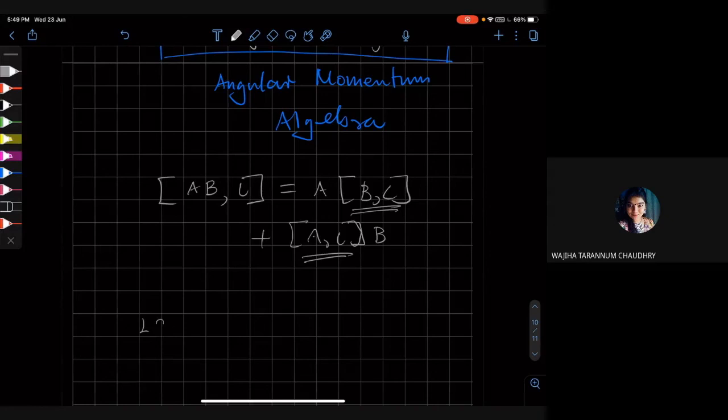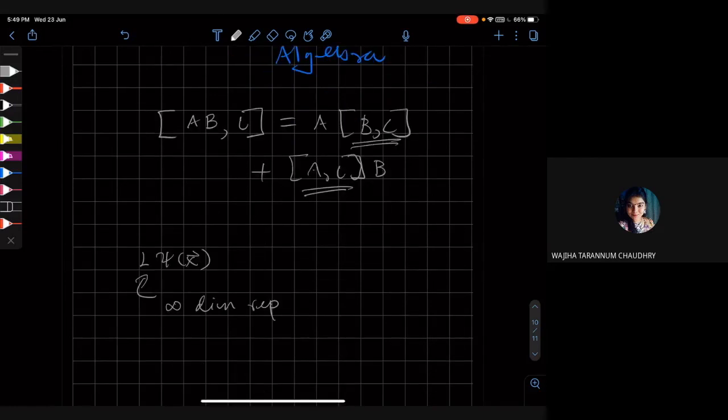That means that this is an infinite dimensional representation of the angular momentum operator. Because as we saw, we can think of a wave function as an infinite dimensional vector, components of an infinite dimensional vector.